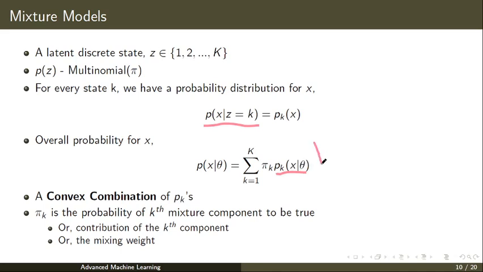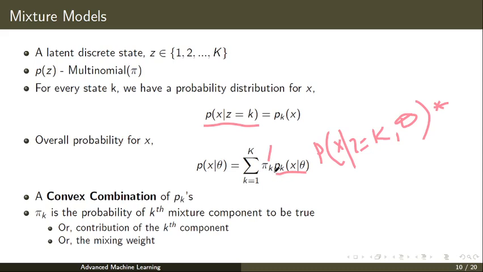It's probability of x given z equal to k comma theta, multiplied by pi k. If z equal to 1, pi 1. So pi will act like a weightage factor.